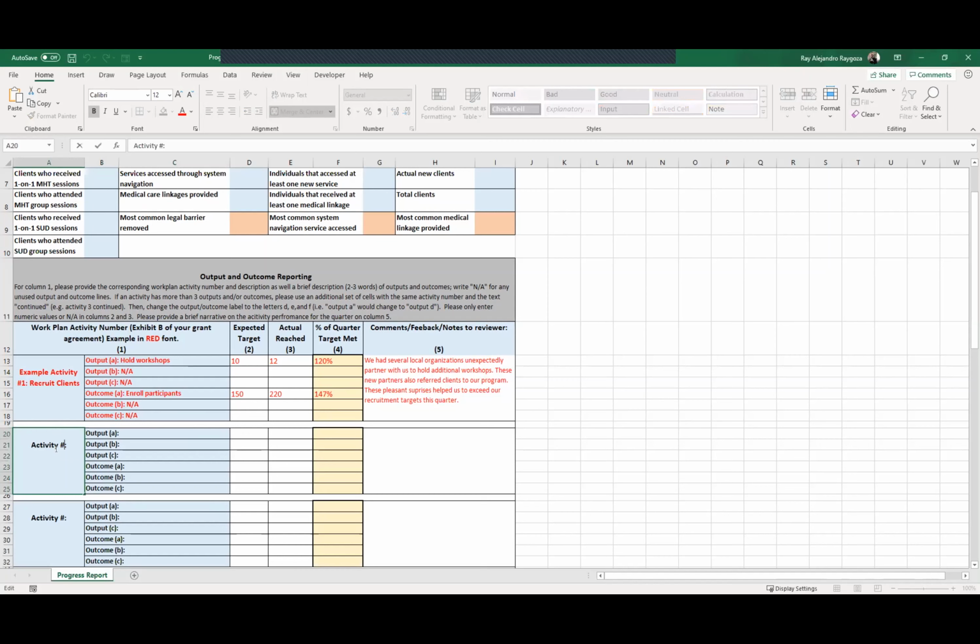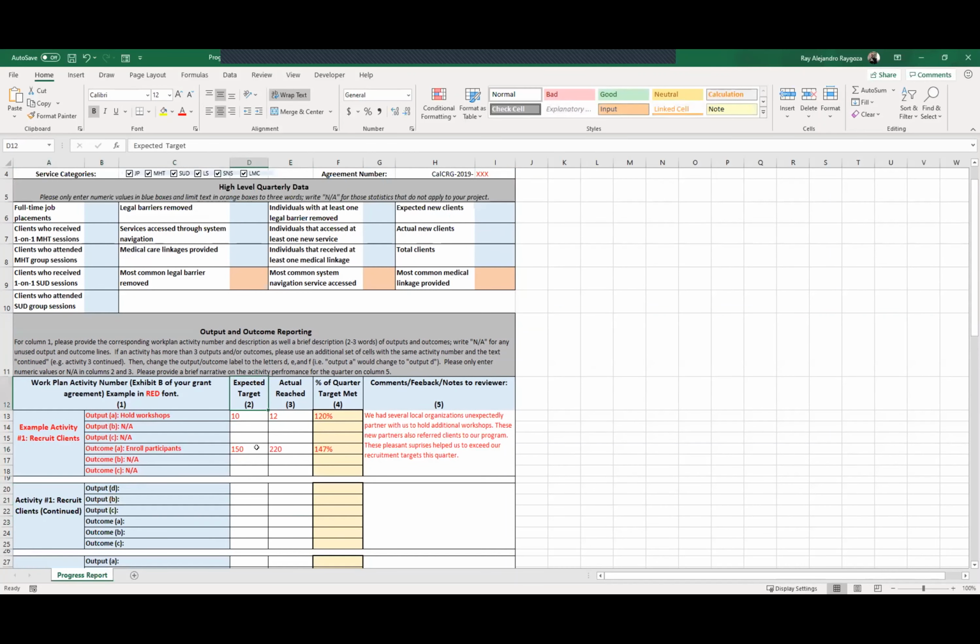What I'm going to do here, output activity 1, then we put recruit clients, and then in parentheses, continued. That's how you would indicate to us that an activity continues below. And then after that, you would change these ones to continue the sequence that we had before. So instead of A, B, C, it would continue to output D, and so on and so forth.